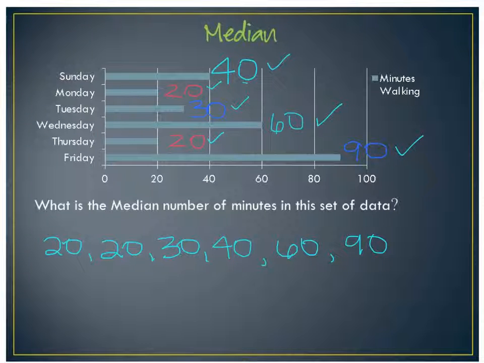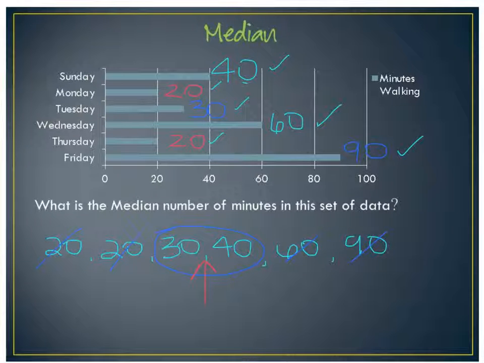So I need to find the one that is in the middle. The easiest way to do it is just to take one off of each end at a time until I get to the middle. Now I can see that I have 2 numbers that are in the middle. So I have to pick the number that would fall exactly between them. Another way that we can find the number that would be right in between 2 numbers is to add them.